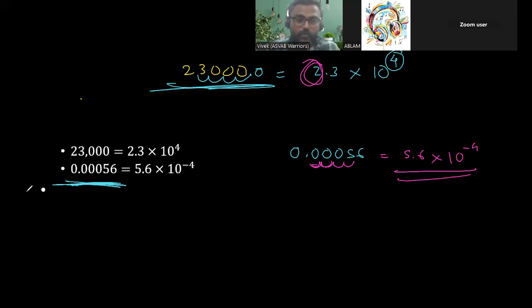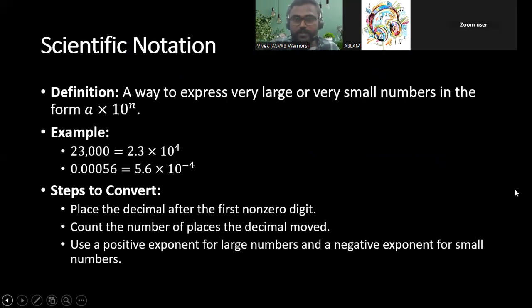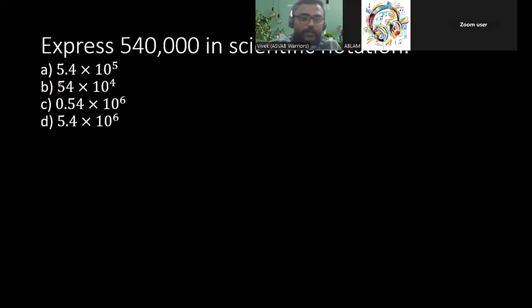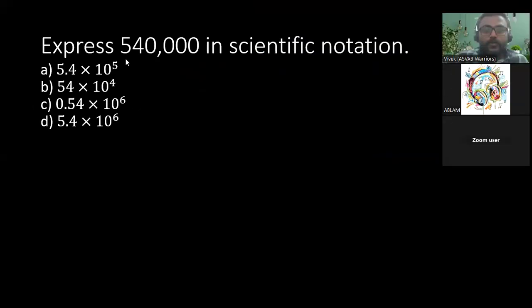Let me solve a few more questions for your better understanding. Here we go. 540000. You have to convert it into scientific notation. There should be only one non-zero number to the left hand side of the decimal.